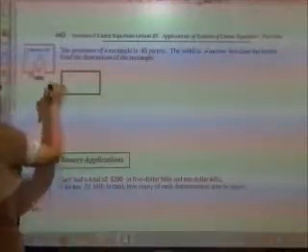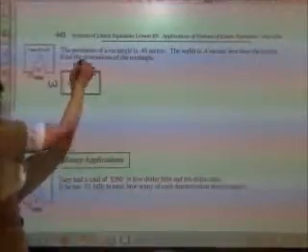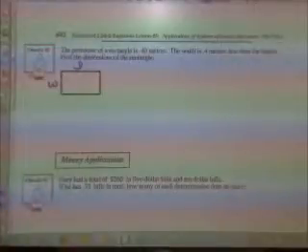Now, what are the dimensions I have on a rectangle? I have the width and I have the length. That's what I get when I put together a rectangle. So I have the width and I have the length. What do I know about my rectangle?